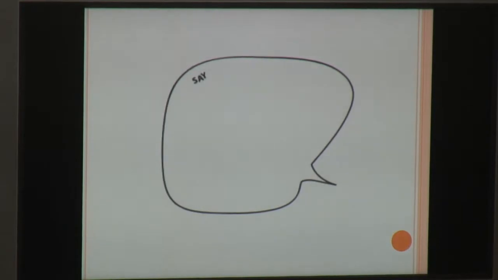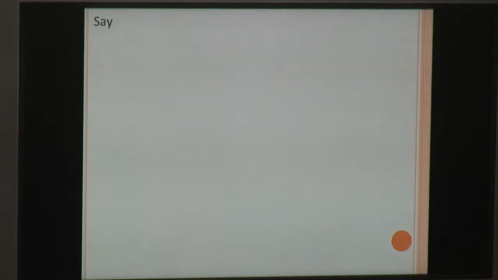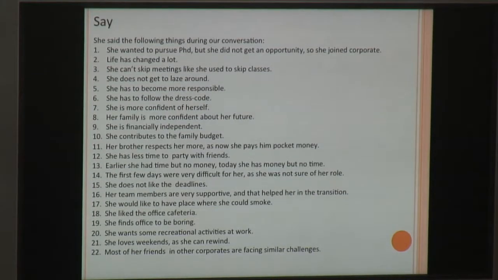So again, they interviewed some people, and here's some things that the person said, lots of statements. She wanted to pursue a PhD, but she didn't get the opportunity, so she joined corporates instead. She can't skip meetings, she can't be lazy anymore. She has to follow a dress code. She has less time to party with her friends. She finds the office to be boring. So there's a whole bunch of comments down there.